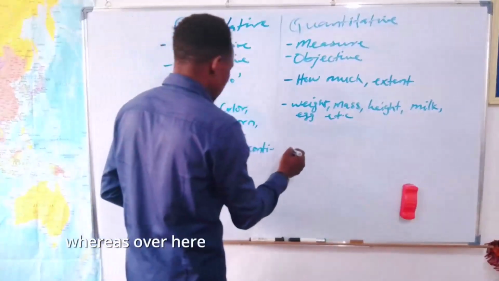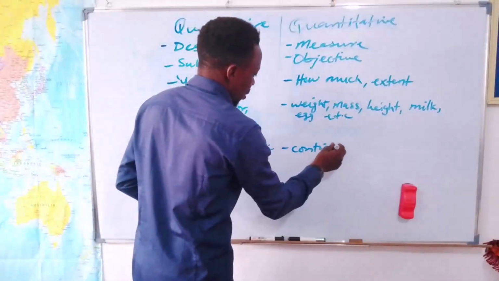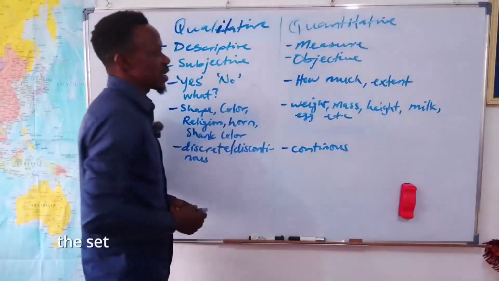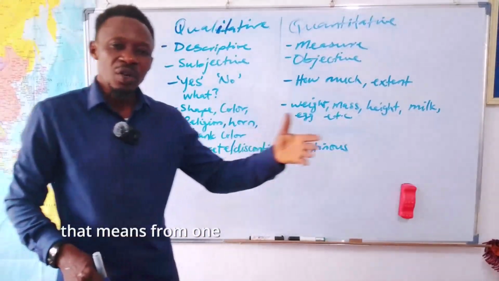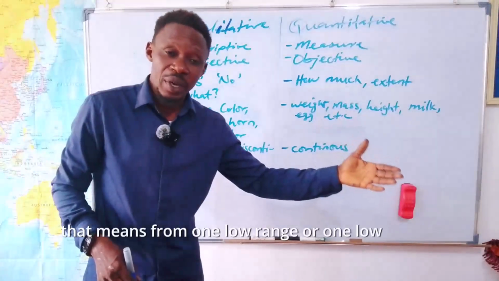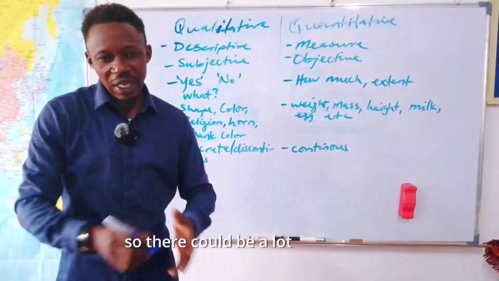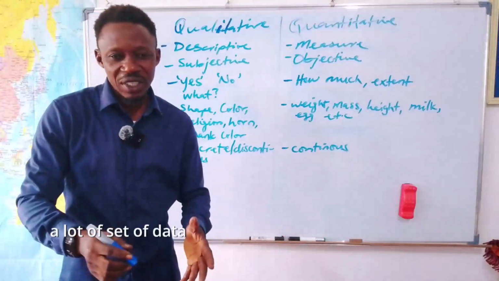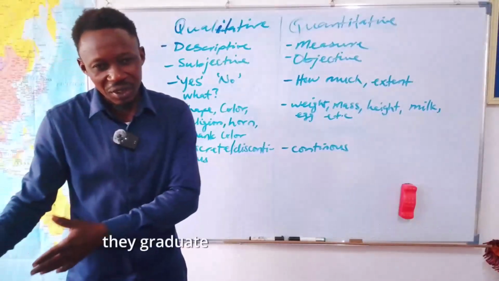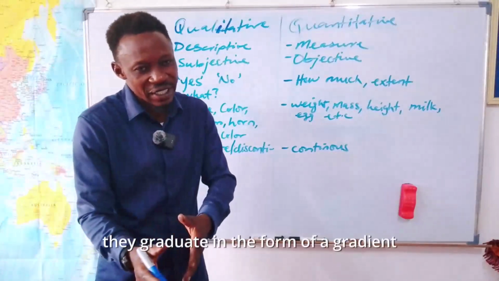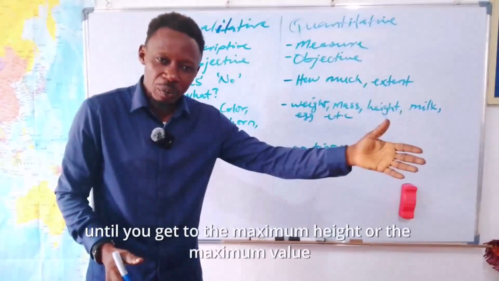Whereas over here, they are continuous in nature. Quantitative traits are continuous. That means from one low range or one low end to another extreme end, there could be a lot of animals, a lot of set of data that falls in between. So they graduate in the form of a gradient until you get to the maximum height or the maximum value.